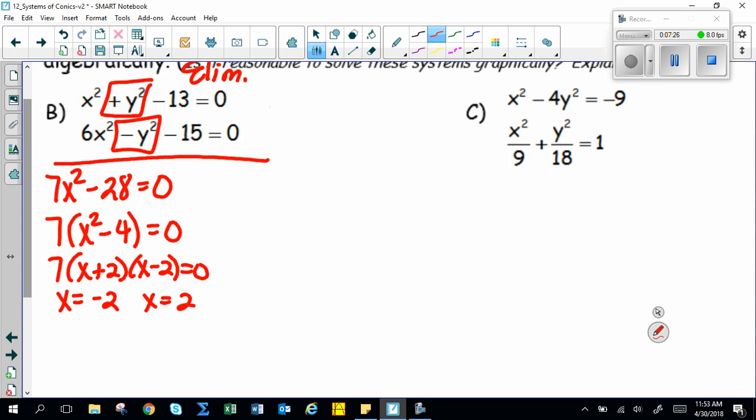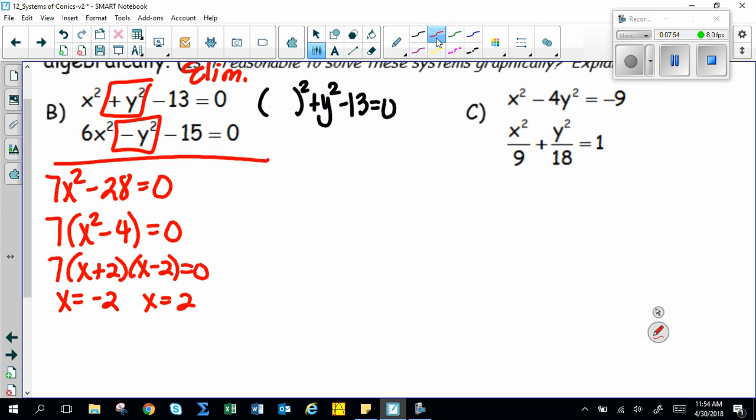So now I'm going to go back up to either one of those equations, and I'm going to substitute the 2, and I need to substitute the -2 to find my y coordinate. All right, so do you guys want to use the first equation or the second equation? I'd use the first equation as well. So I'm going to have x squared plus y squared minus 13 equals 0.